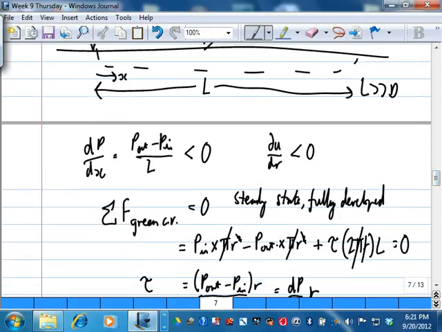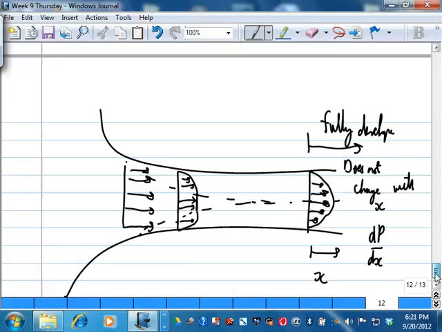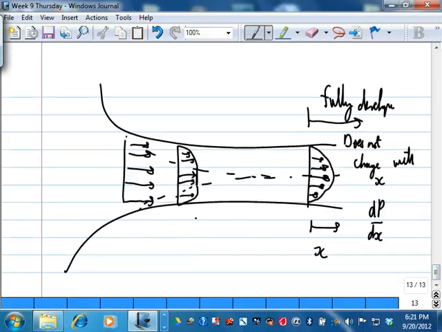The shear stress at the wall or the shear stress internally is the same. And really, so here the PT is constant. So here the pressure drop is due to shear stress, and the shear stress here is higher or lower than that.